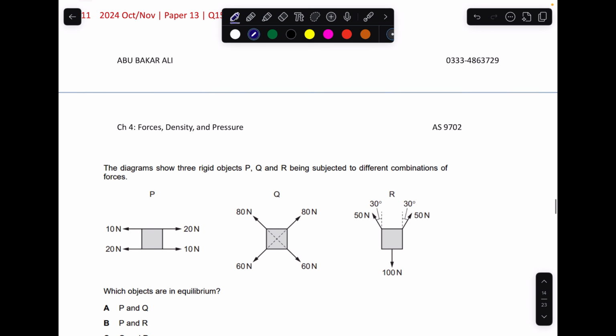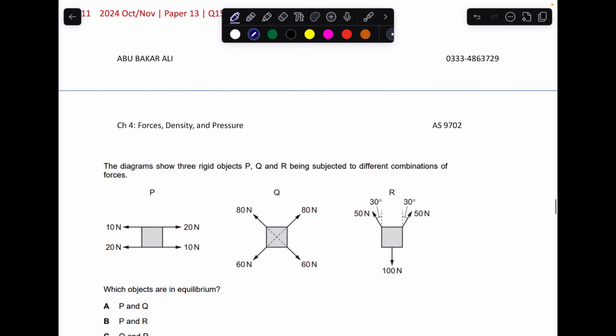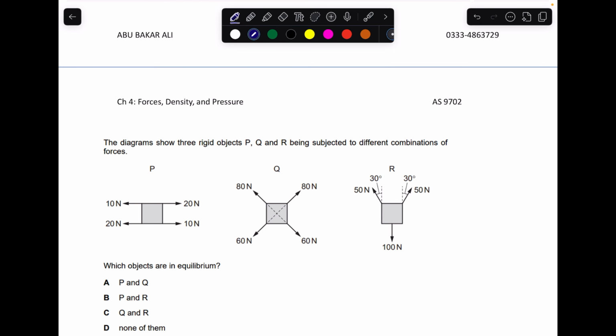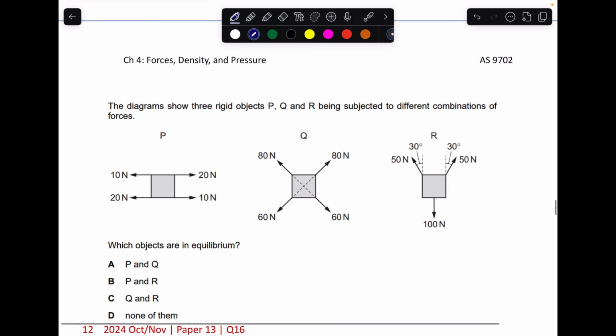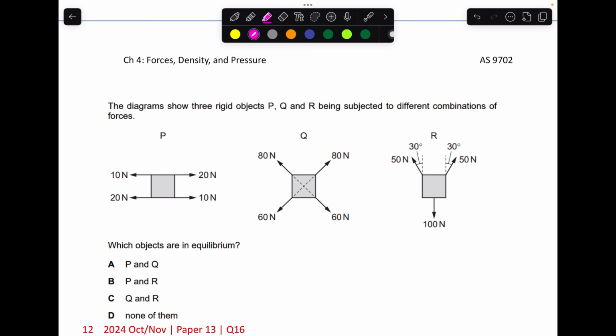In the next question, the diagram showed three rigid objects P, Q, and R being subjected to different combinations of forces. Which objects are in equilibrium? Okay, for equilibrium, the forces should cancel and the moment should be zero. So let's check them one by one. If I simplify these two forces, it will give you 10 Newton here.